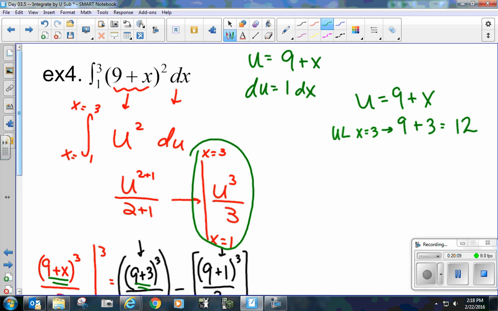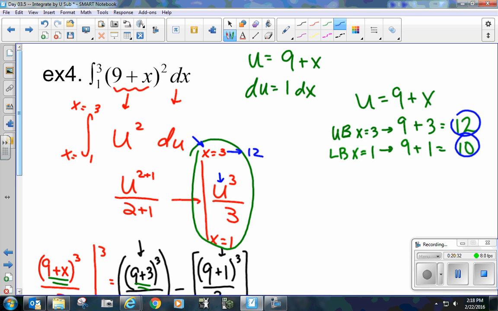What about my lower, I said limit or bound, I should use upper bound. My lower bound, x was 1, wasn't it? So now it's 9 plus 1, which is, so now, if I don't want to substitute my expression back in for here to make them x's, I can substitute these in to make my bounds u's.